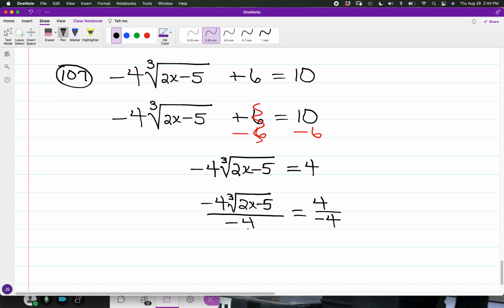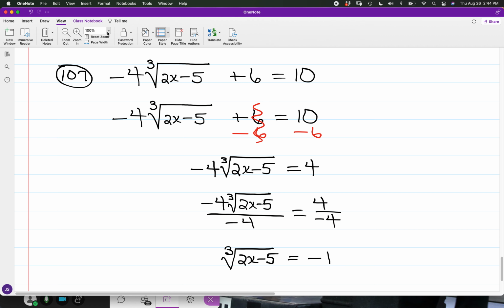So with the cancellation, -4 over -4 goes out, so we have left standing the cubic root of 2x minus 5 is equal to, and 4 divided by -4, positive over negative is going to be a negative. In this case we have -1.